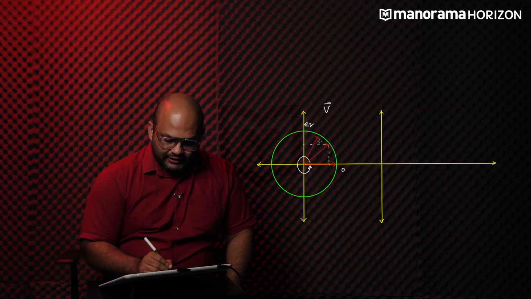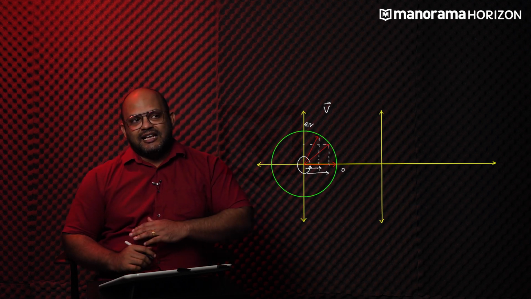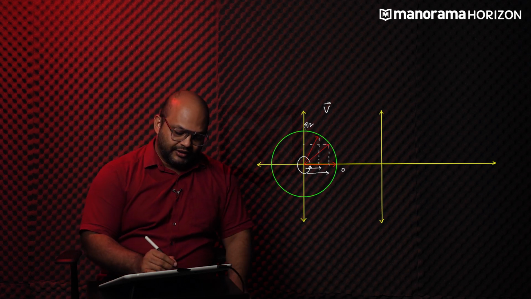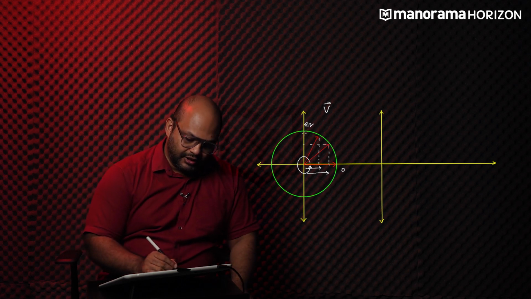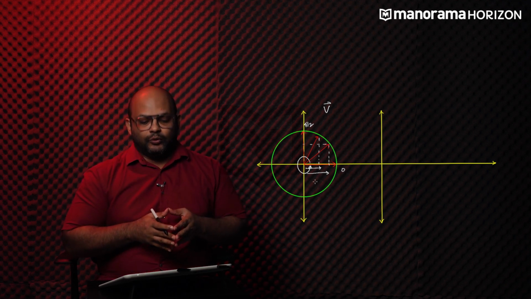You will notice that the projection of this vector on the horizontal axis becomes smaller and smaller, and as this vector reaches pi by 2 radians, so if the vector becomes vertical, the horizontal projection of this vector becomes 0.